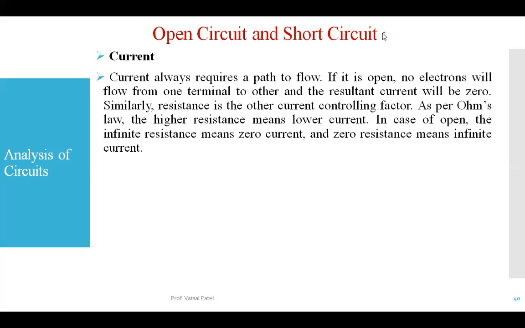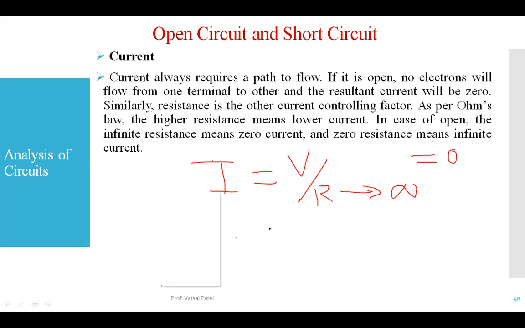All of this is based on the equation current is equal to V by R. For the open circuit, R is infinite, so the current is equal to zero, right? For the short circuit, R is equal to zero, so the current is infinite.